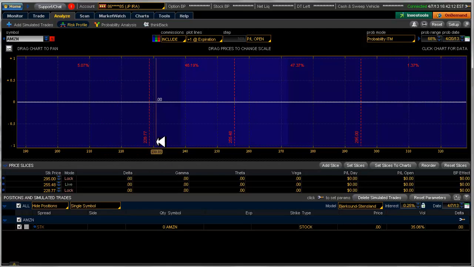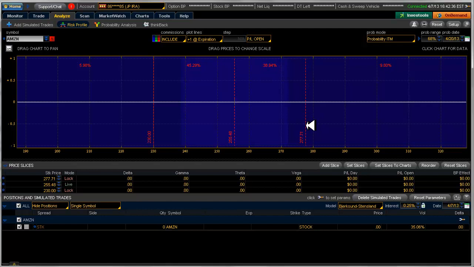We're looking at probably a 230, so we'll change that to 230. And the 10% is falling right in the middle.